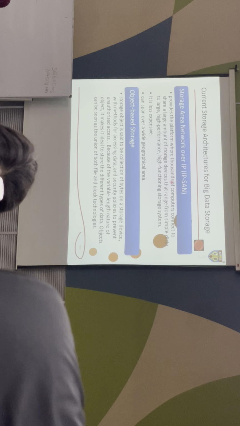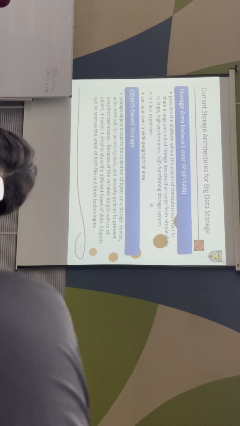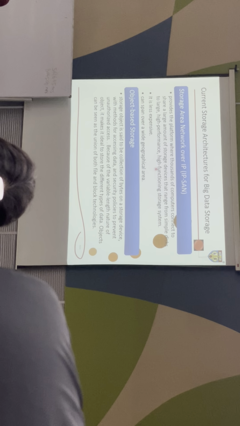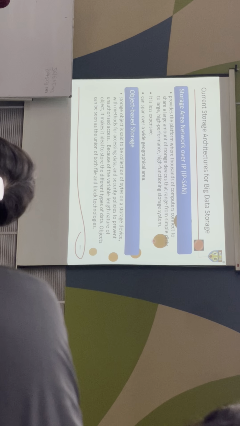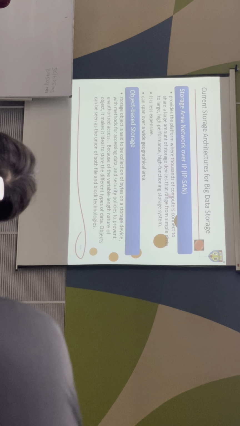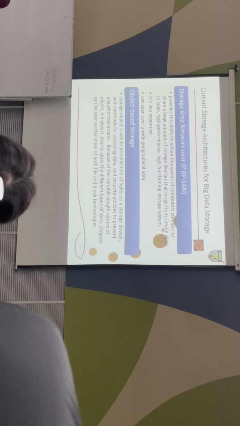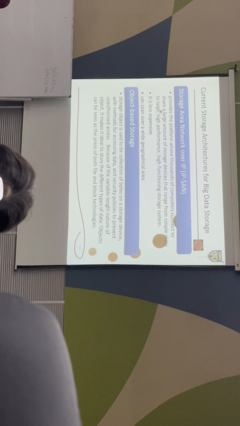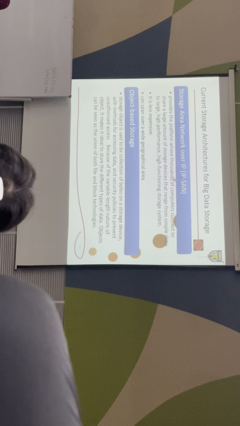Okay, and then we also have IP SAN. IP SAN is also one of the platforms, where it involves thousands of computers. Okay, so these thousands of computers are connected to each other, and they share a large amount of storage devices.